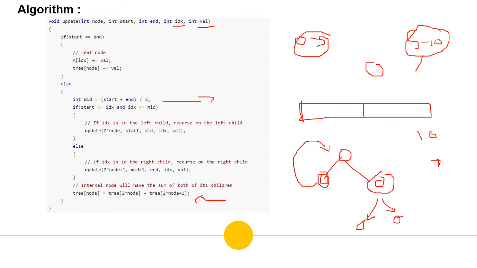Then we split it into further halves, 5 to 7 and 7 to 10. Then we check whether it's present or not. If it's present, then we split it into its subsequent children.